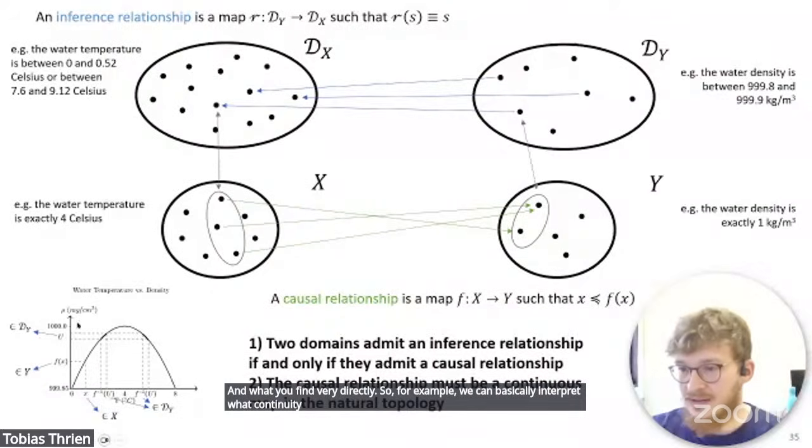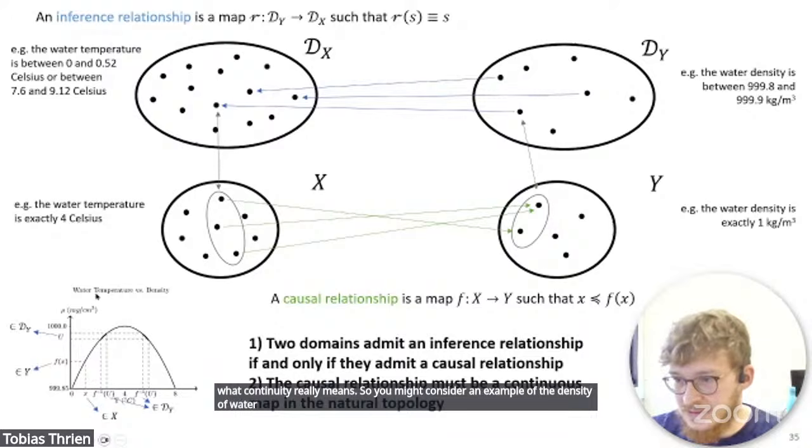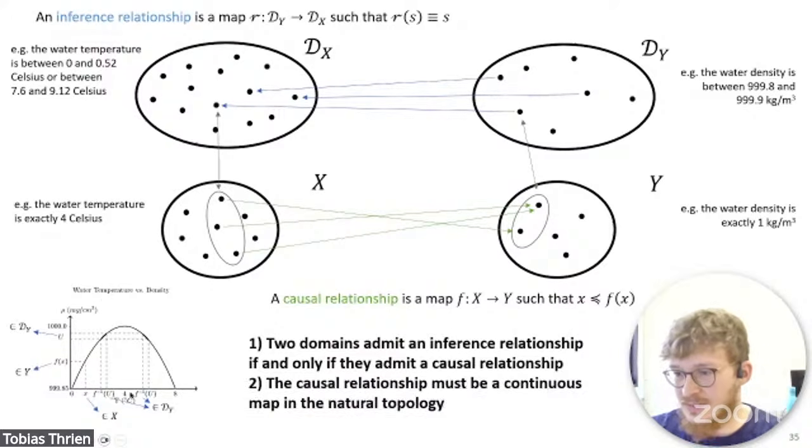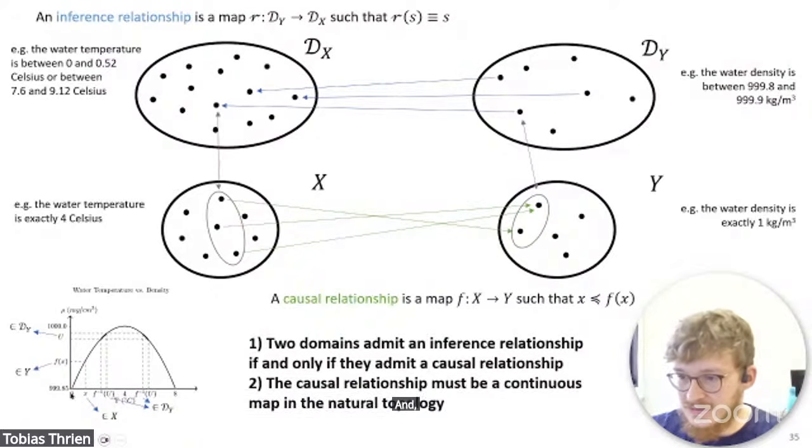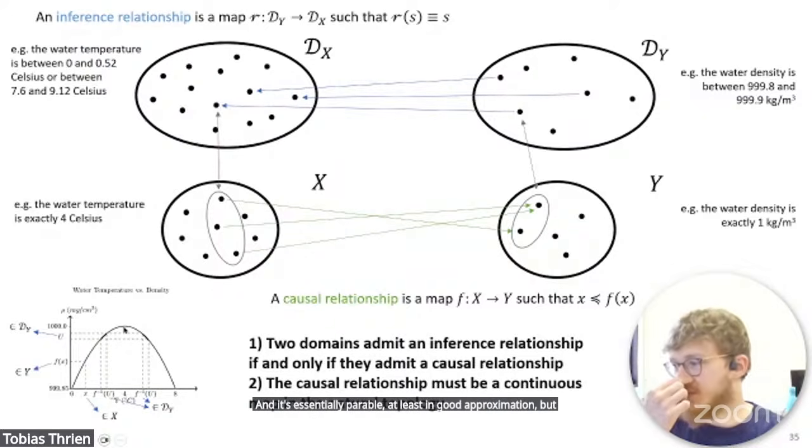So you might consider an example of the density of water versus its temperature. You might know the density peaks at 4 Celsius, and it's essentially a parabola, at least in good approximation, but it's definitely a continuous function.